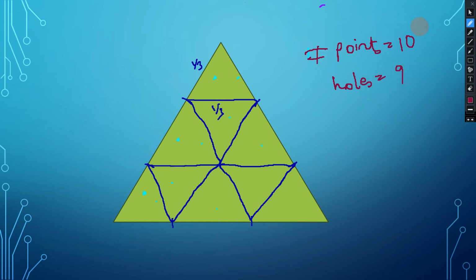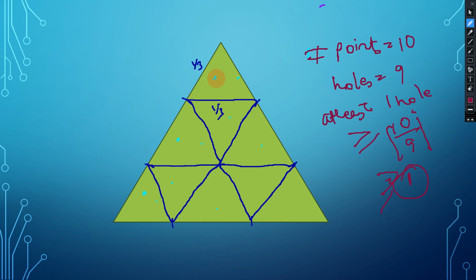So that means I will get at least one hole with greater than or equal to the ceiling of n by k, which is 10 by 9, the ceiling of it. So that would be 2, meaning at least 2 pigeons in one hole.